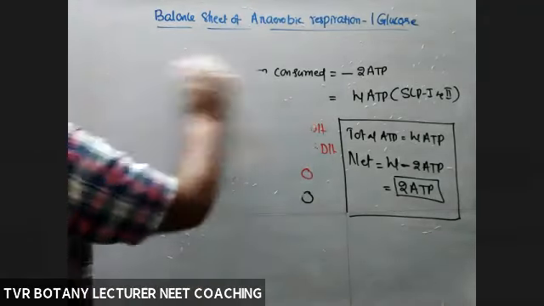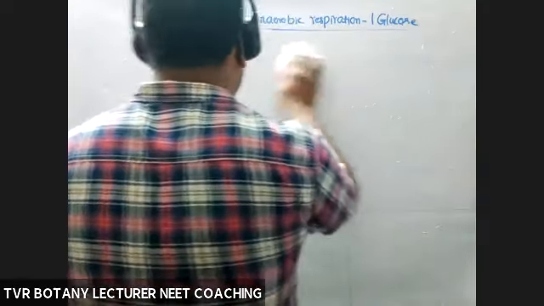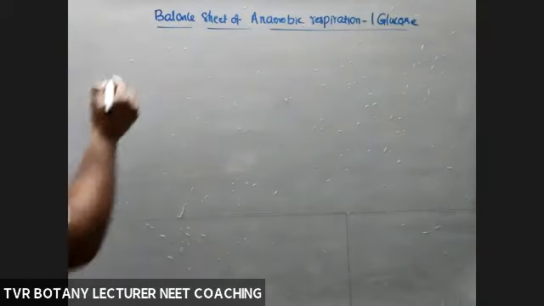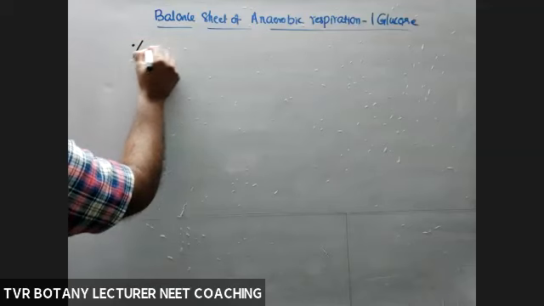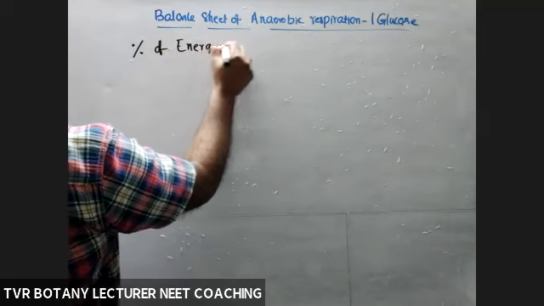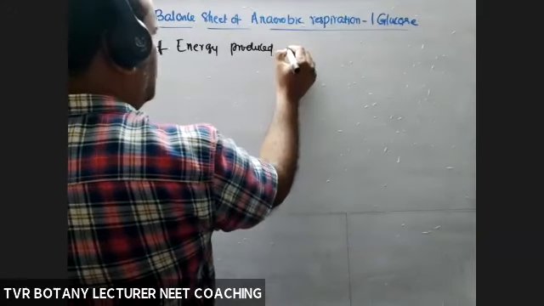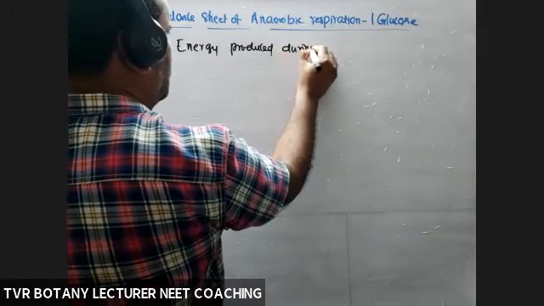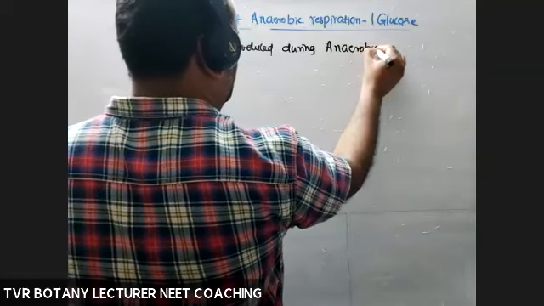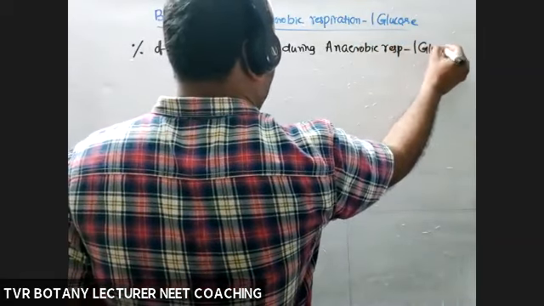And in the textbook, the percentage of energy produced during anaerobic respiration per 1 glucose molecule.